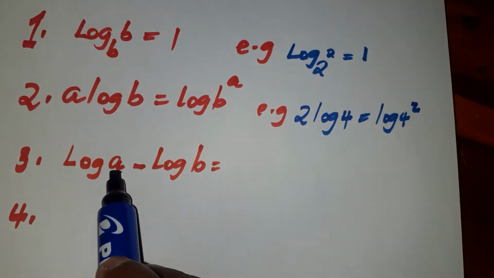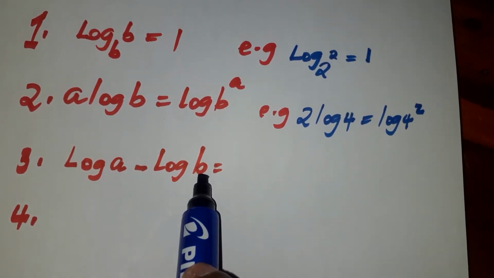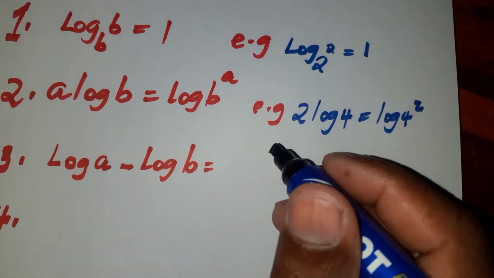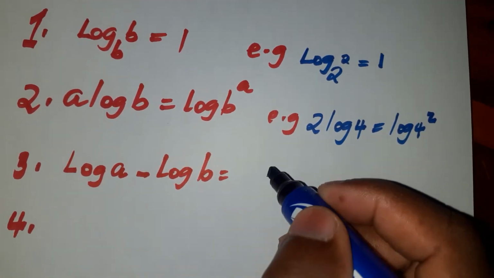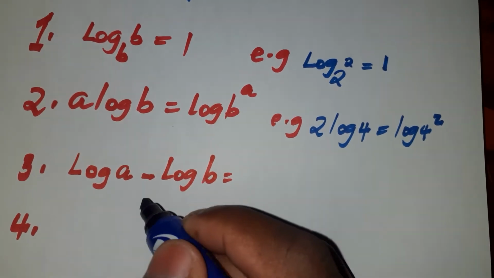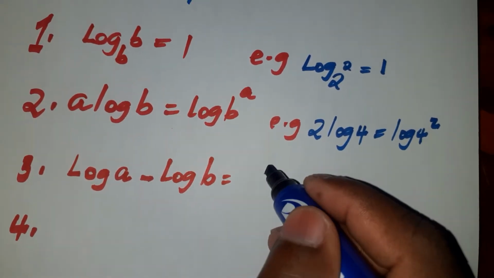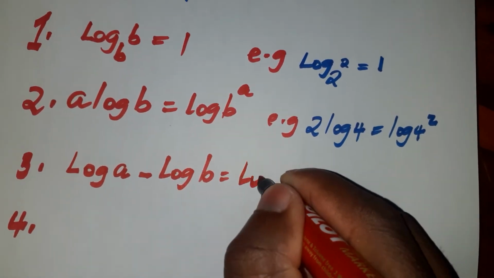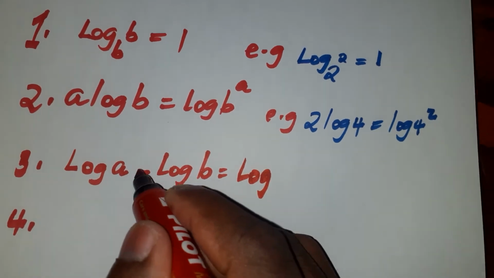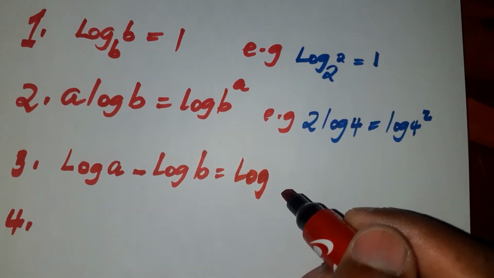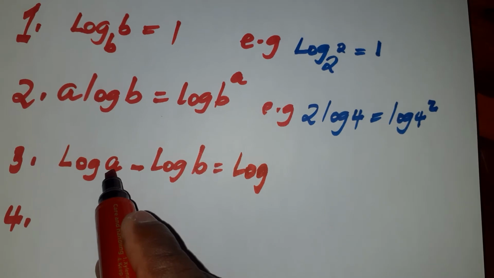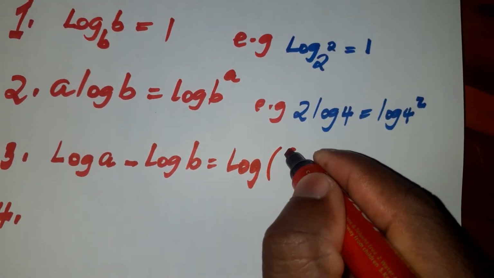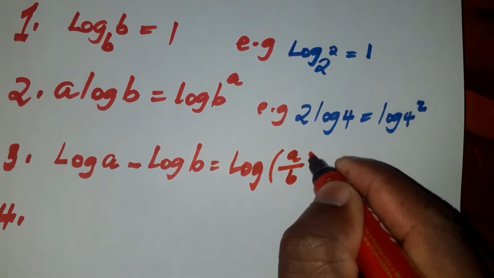We are assuming that this a and b are numbers. Because of the difference, we now bring in division. The a becomes the numerator, the b becomes the denominator. Then you're going to have log of a over b.